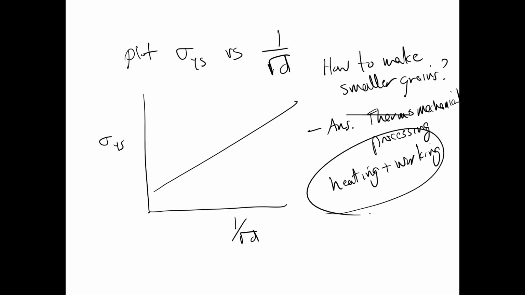So it takes special processing to decrease the grain size, but that's something that we do in metals. That's one of the reasons we work and heat metals, to reduce the grain size. In fact, there's a whole special class of structural steels called high-strength, low-alloy steels.